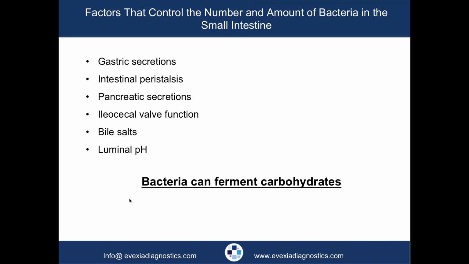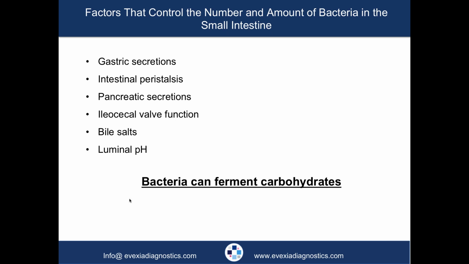So this slide lists factors that control the number and amount of bacteria in the small intestine. In other words, if gastric secretions are off, if intestinal peristalsis is off, meaning either through something called gastroparesis, and I'll mention that on an upcoming slide, or constipation and so forth, that is going to cause more colonization in the small intestine.